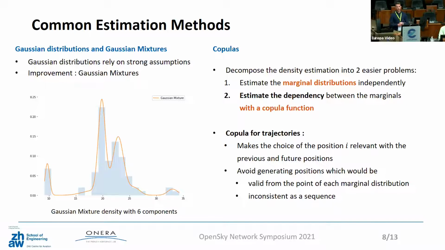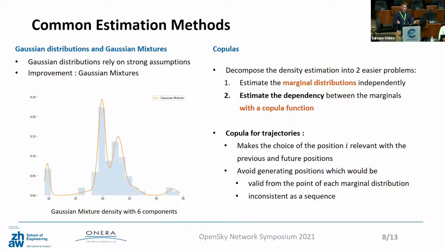Alternatively, we have in statistics a very useful tool called statistical copulas. They are very useful because they decompose the problem, which is pretty difficult, into two simpler problems. The first one is to estimate each of the marginal distributions independently. This is pretty easy because estimating a univariate distribution is easy; you don't have the curse of high dimensions.